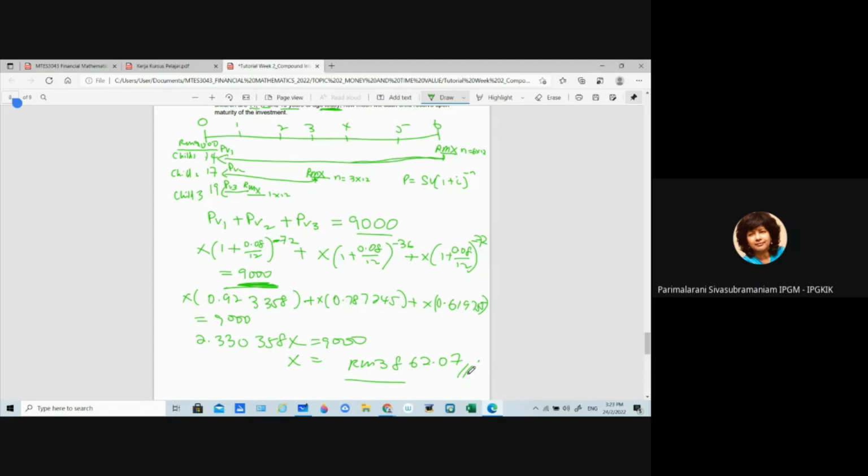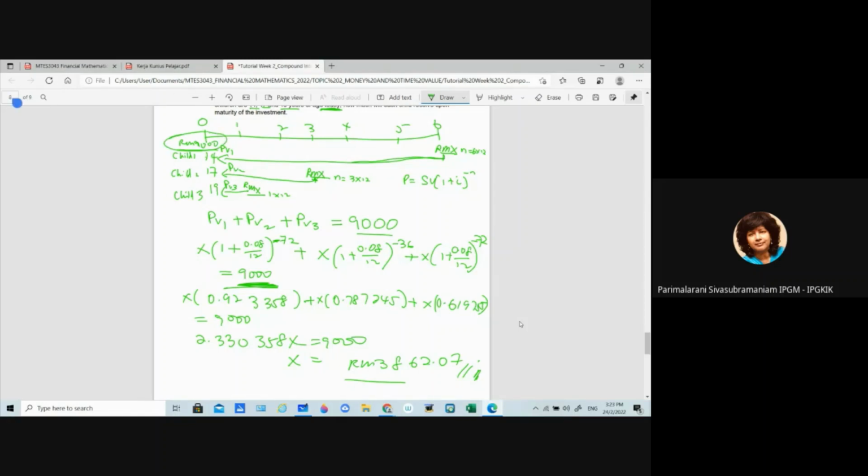Any questions? Madam, I cannot understand. Is it asking for present value or future value? Actually, it wants the future value. So this answer is actually the future value, what they are getting in the future. But to find the future value, we have to, because we only know the present value.